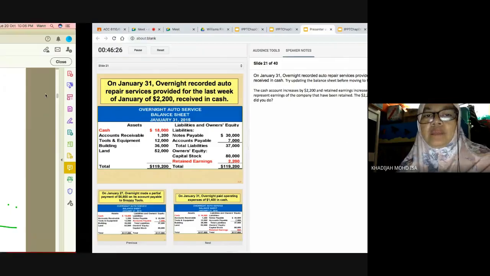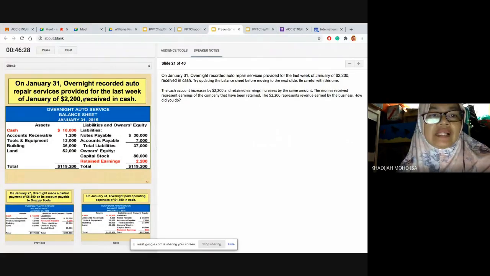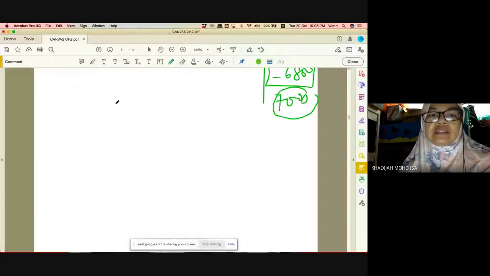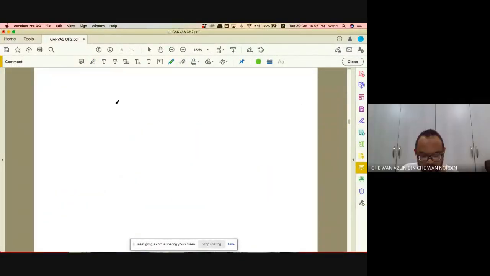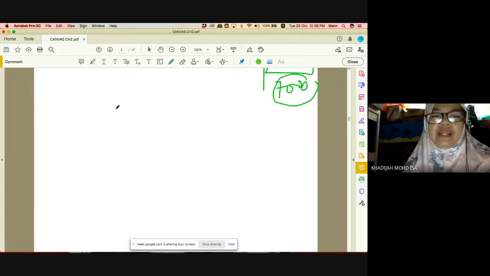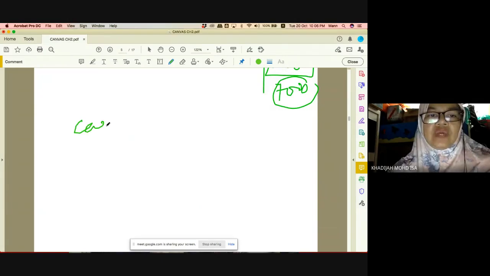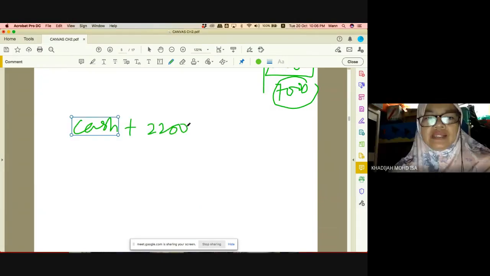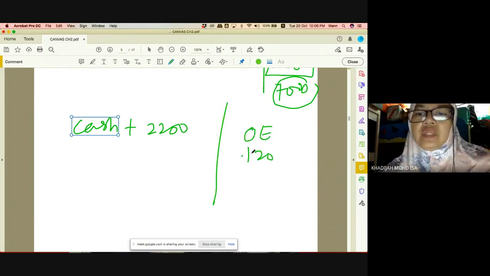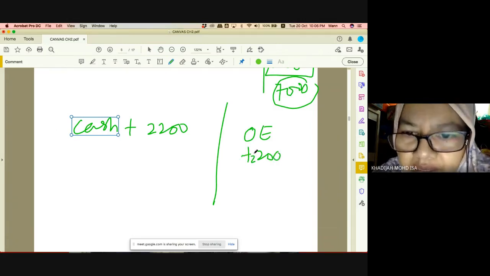So for what was provided last week, they received cash of 2,200. If you look at the transaction, cash increases by 2,200. But on the other side, owner's equity is also increased by 2,200. Why does owner's equity increase?